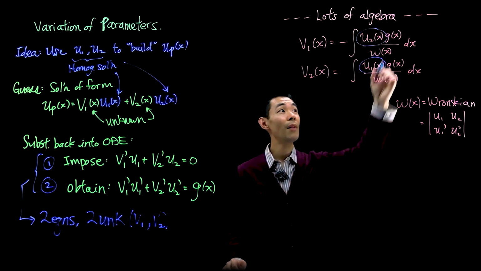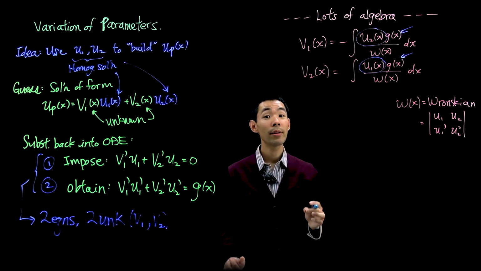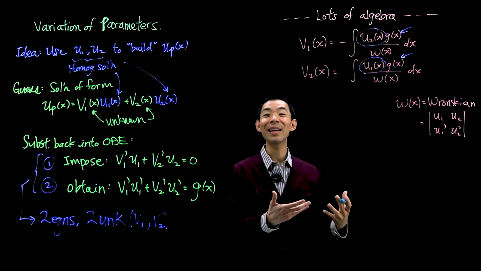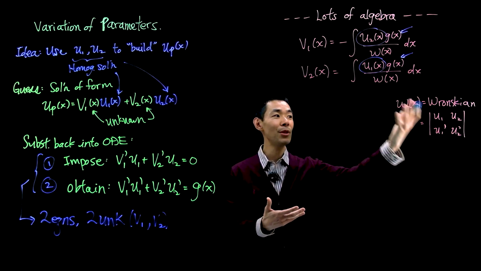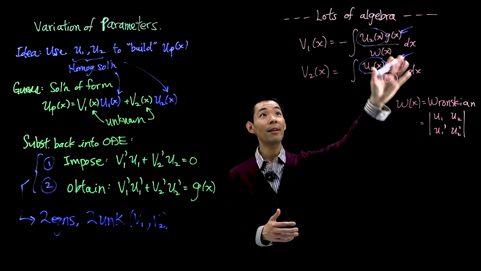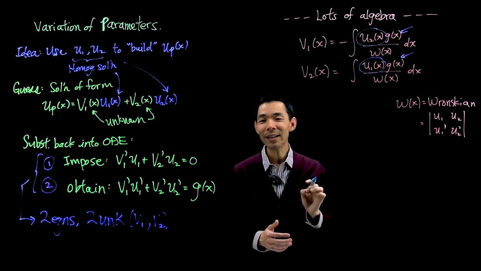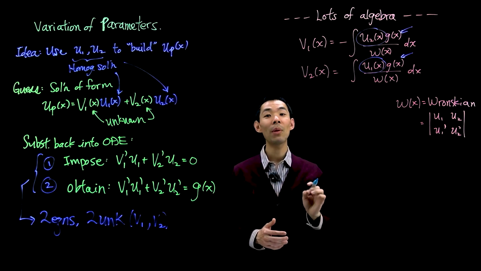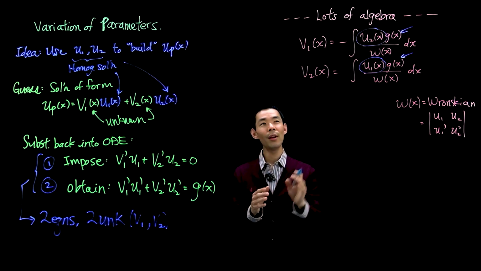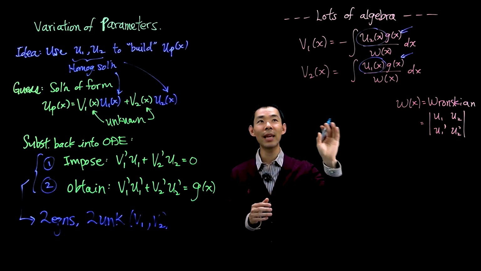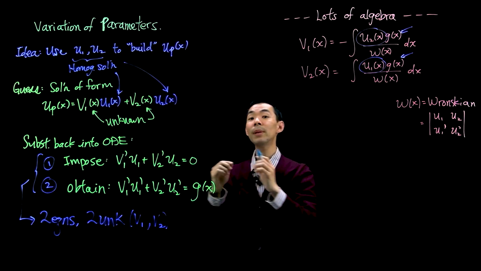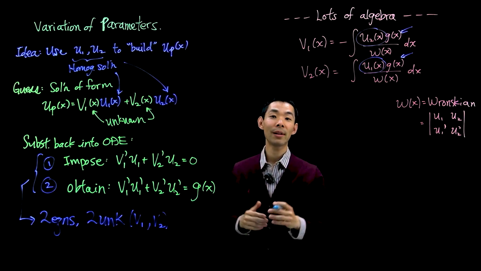And you know, obviously, what your g is, because that's the non-homogeneous term that's given to you in the ODE. And W, of course, you can also obtain from your homogeneous solution. And that means that v1 and v2 can uniquely be determined if you know what u1 and u2 are. So if you can get a homogeneous solution, you are guaranteed to get v1 and v2, and in turn, you are guaranteed to be able to build up a particular solution.